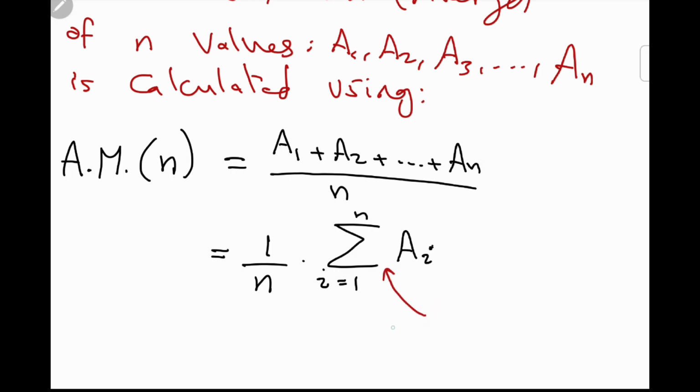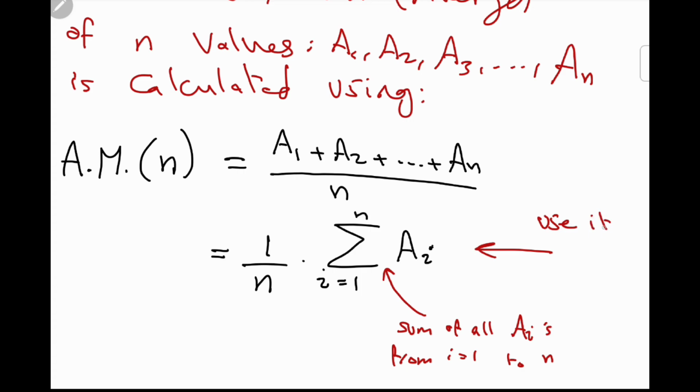This is called the sum of all AI from I equal to 1 to N. So we will use this compact form in this example. Now see how it makes our life easier.